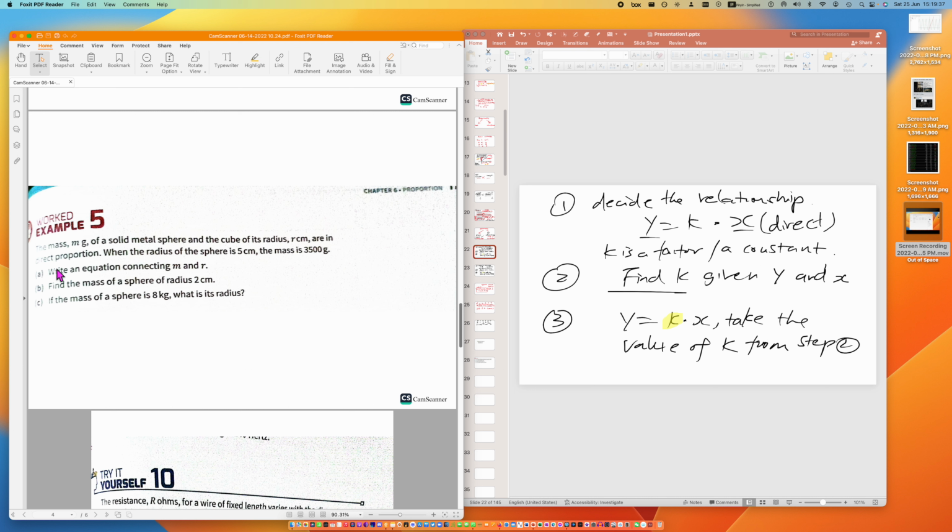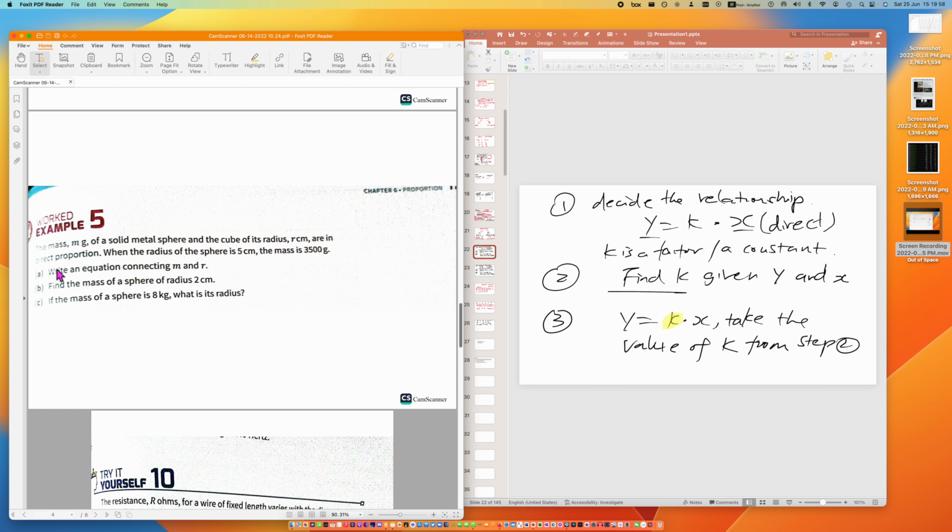The M comes first. So the M should replace Y. Okay, good. Start with that first. And then the K is K, right? Then the X is replaced by R. They say m and the cube of its radius.